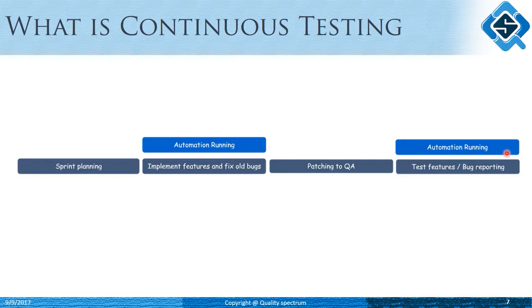So an automation script would fire off, or a batch would fire off with feature sets depending on how big the feature sets are and how much time we have.